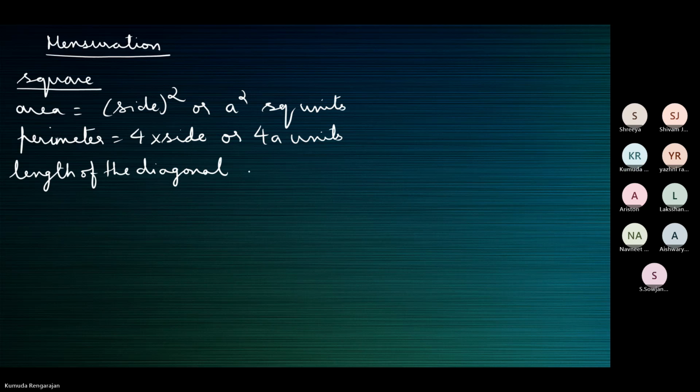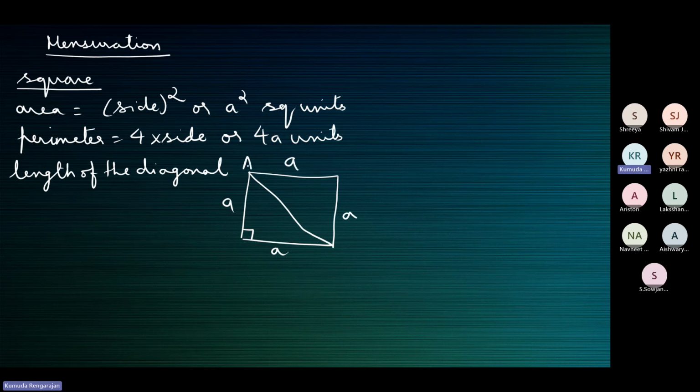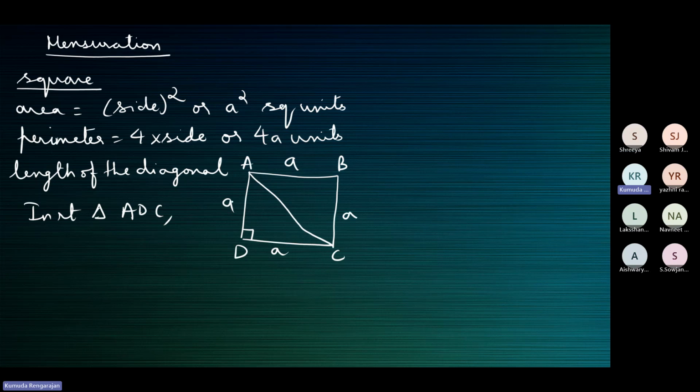Let's find that. In a square, the corners are right angles, and all the sides are equal to a units. If you call this square ABCD, in right triangle ADC, every corner of a square is a right angle.